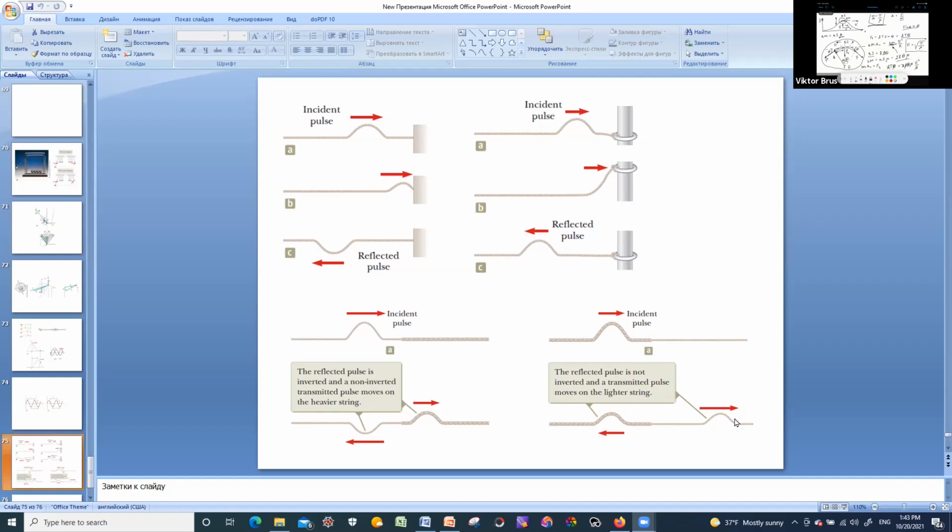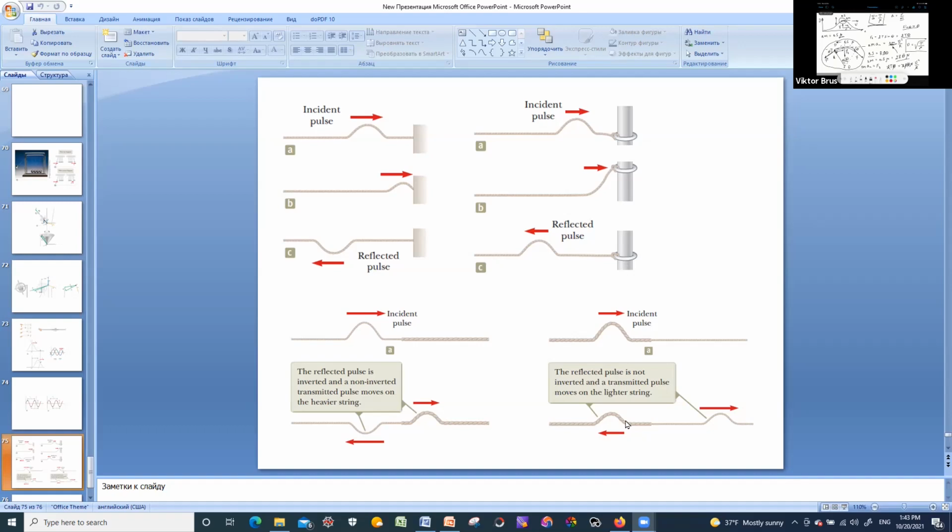And in order to avoid misinterpretation, you should keep in mind these features. Also, as you see here, the amplitude of the incident pulse is higher than the amplitudes of transmitted and reflected, because we split the energy of the incident pulse into two components, transmitted and reflected.